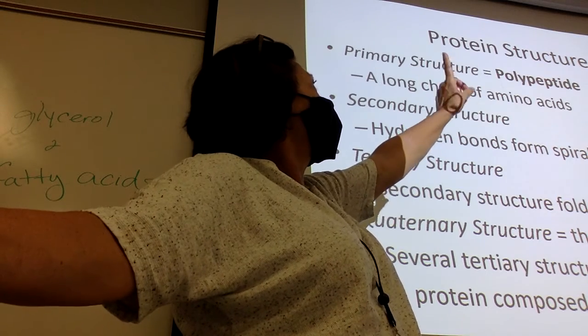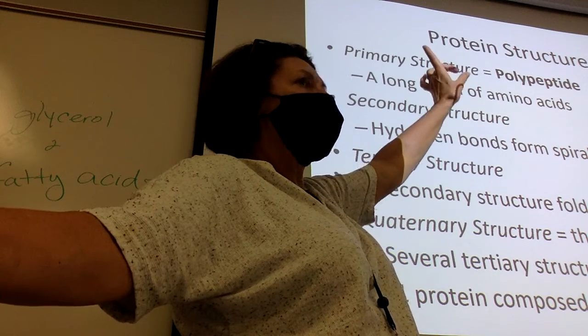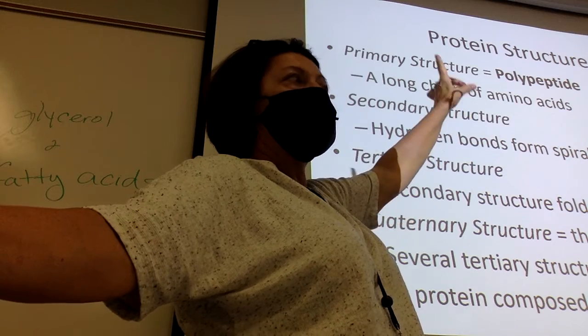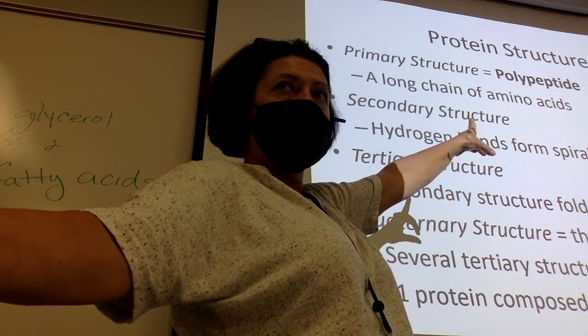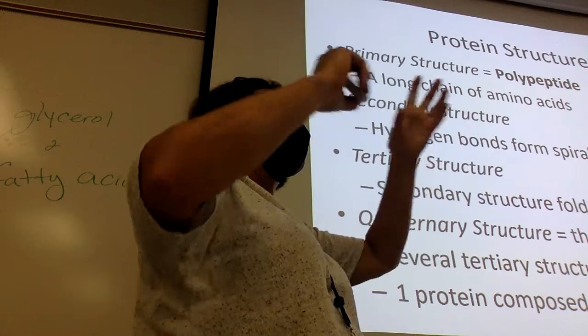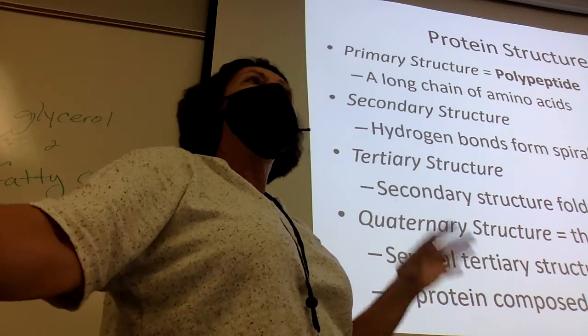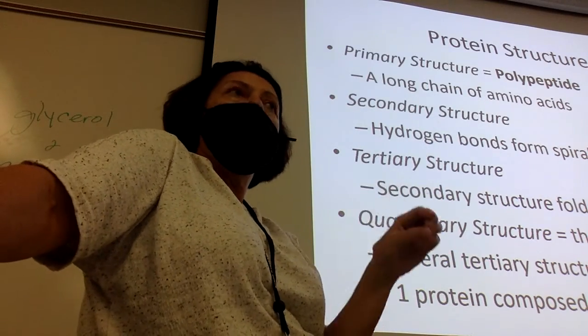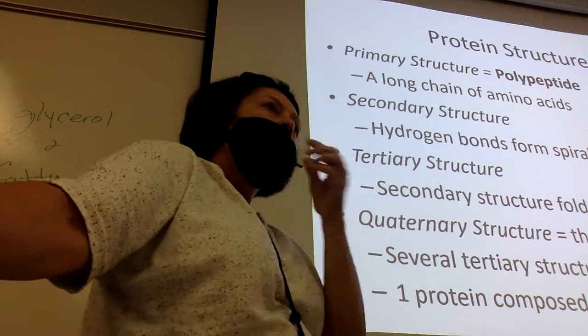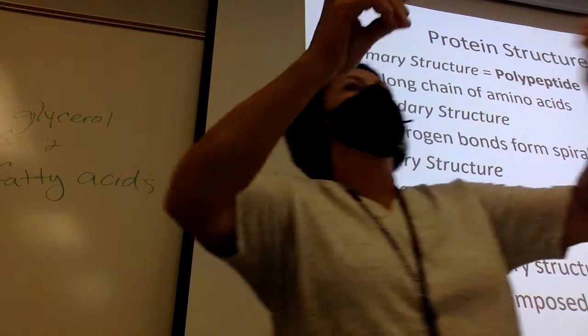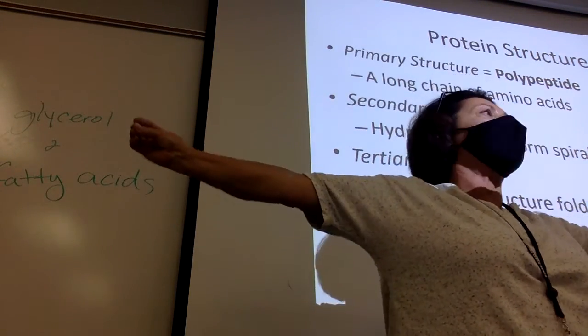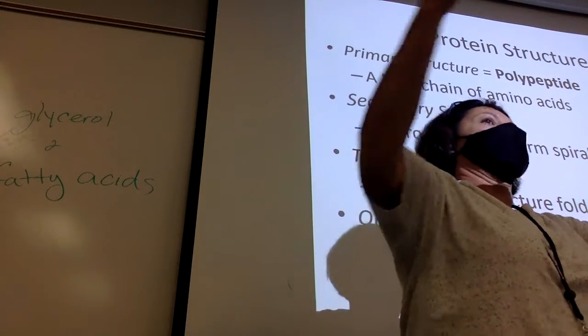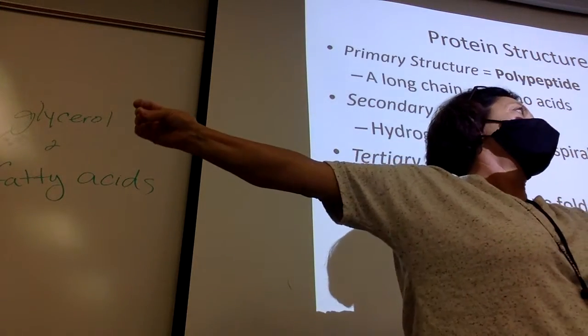It is still, however, not a protein yet. It doesn't become a protein until it folds into a funky shape. All proteins have their own unique, weird shape. So during protein synthesis, we get this really long chain of amino acids called a polypeptide.